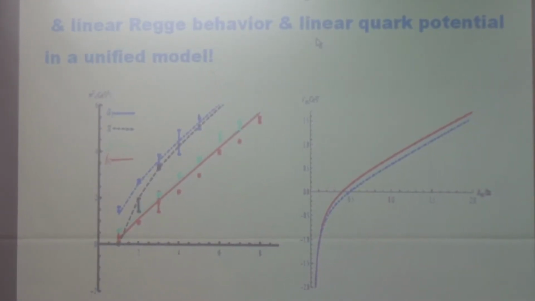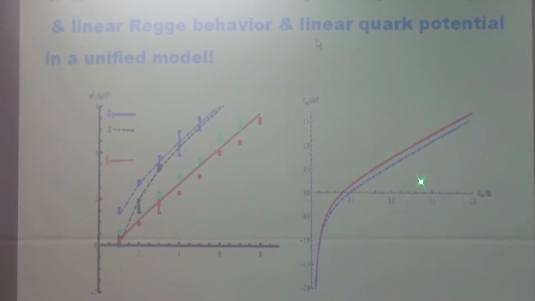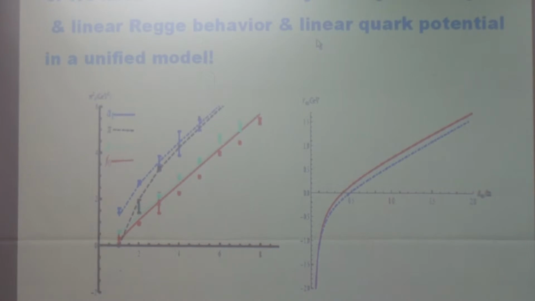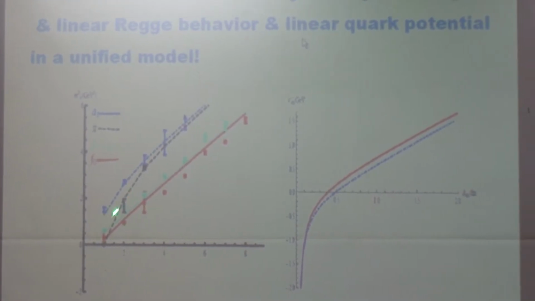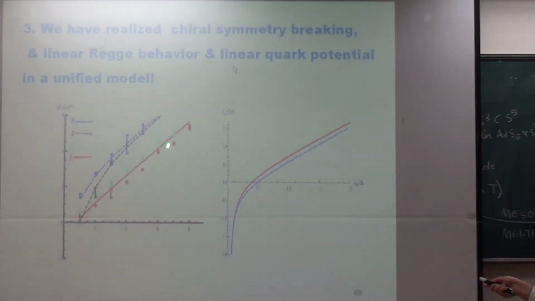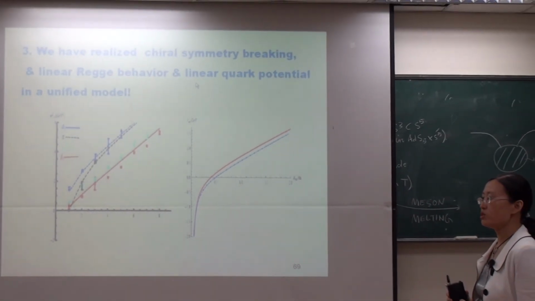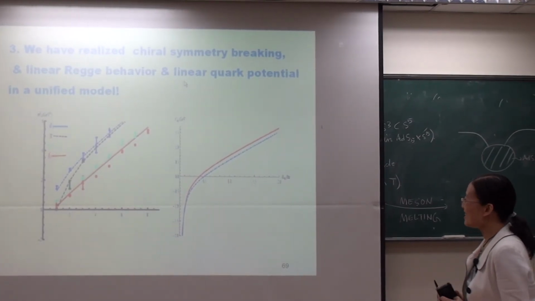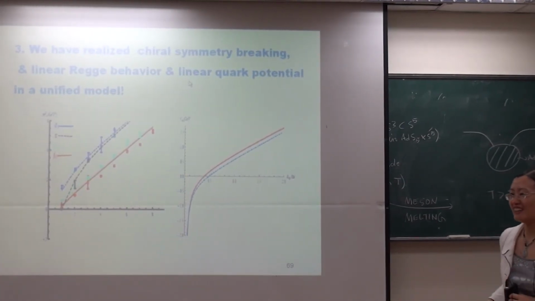This is indeed very non-trivial because it's not that easy to get everything correct. To get both this and this is the first time. And to get this spectrum so close to the data, I think we did the best. I'm quite proud with Danny.